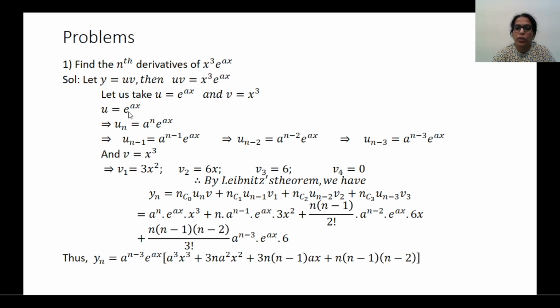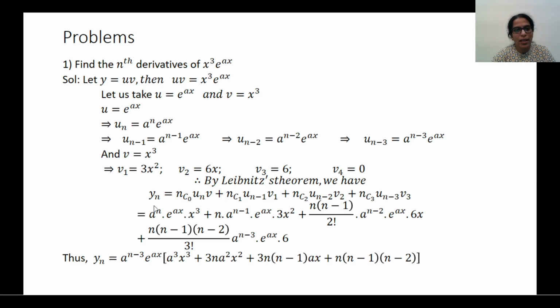Now, u equal to e power ax, find its nth derivative, (n minus 1)th derivative, (n minus 2)th derivative. Likewise, v equal to x cube, find its first, second, third, fourth derivative. Now go for the Leibniz rule.